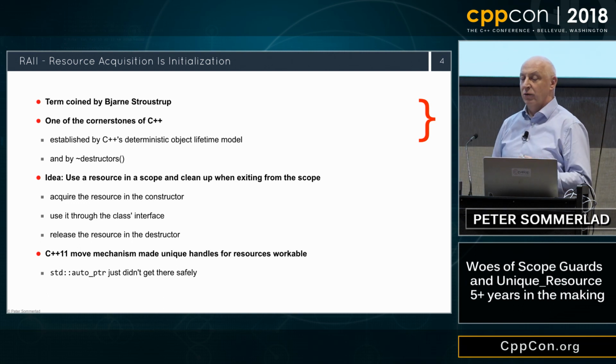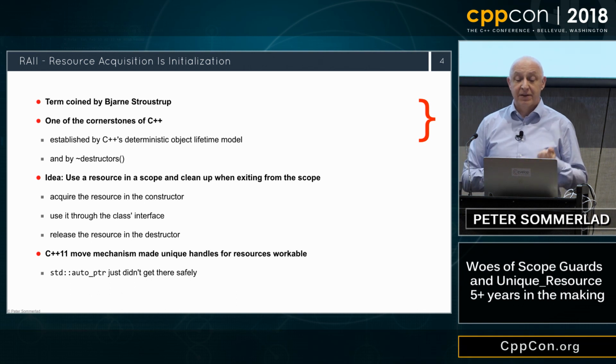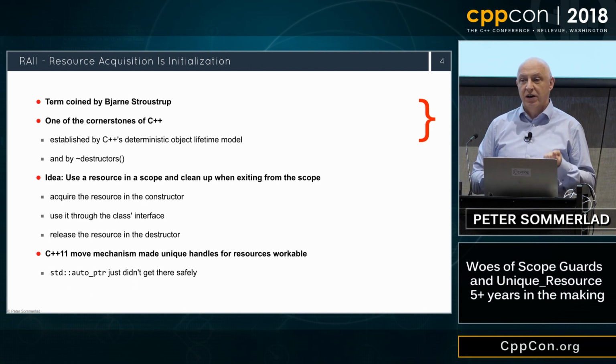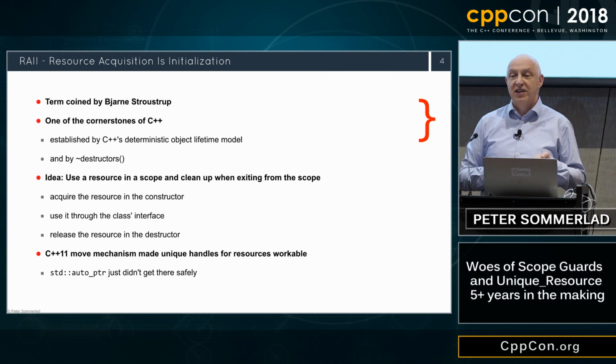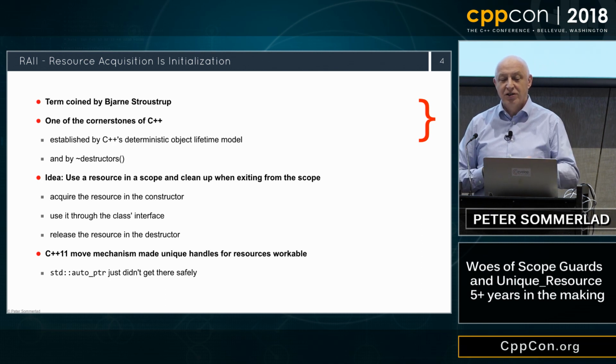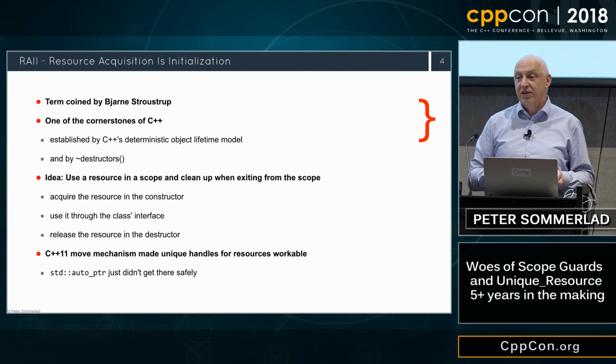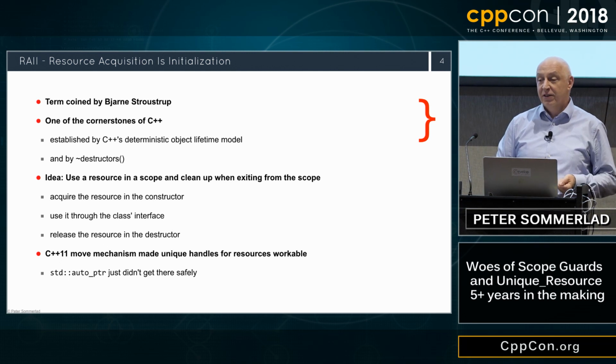And that's one of the cornerstones that makes C++ so efficient and effective for a lot of things, especially for resource management. And Bjarne Stroustrup coined the term resource acquisition is initialization, and it should go further on, and running the destructor is resource release.